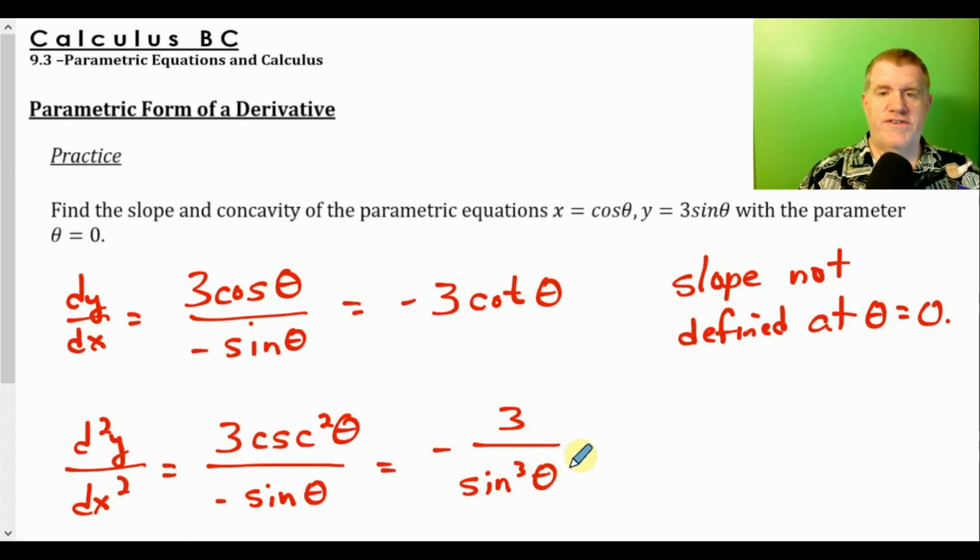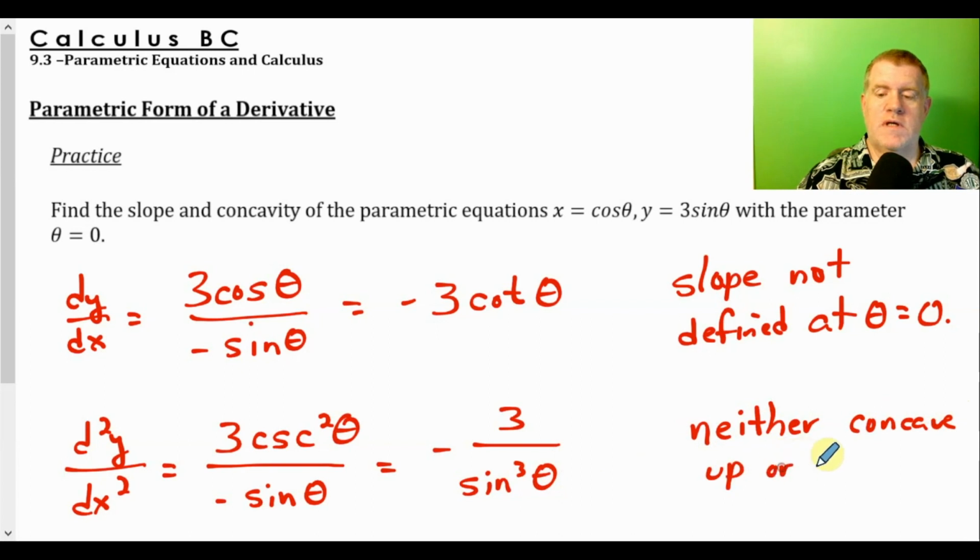Now when I plug in 0, guess what? It's undefined again. So it is neither concave up nor concave down at 0.